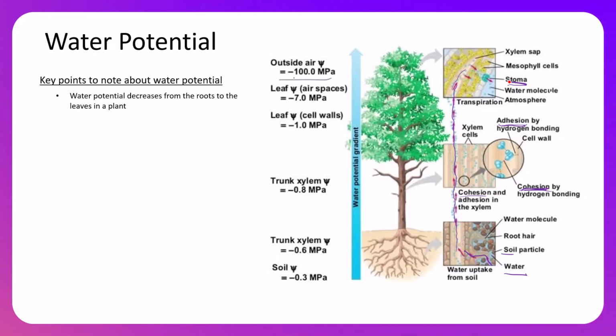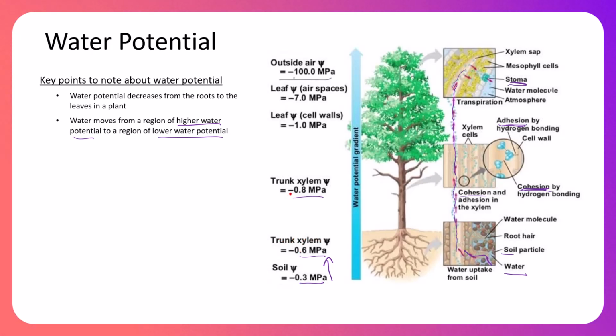Water moves from a region of higher water potential to a region of lower water potential, and since the water potential is higher in the soil than it is in the roots or in the trunk, water will move from the soil to the roots. It will therefore move to the trunk. It continues to decrease, so any part of the plant that is below a certain portion of the plant, water will always move to an area of lower water potential.